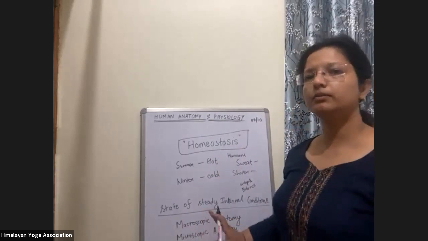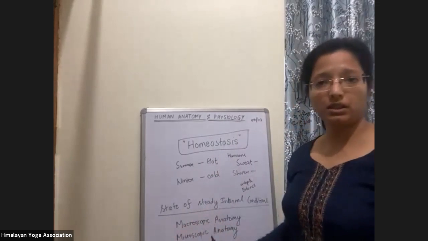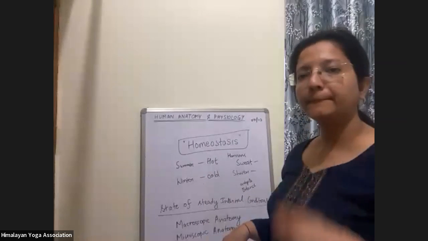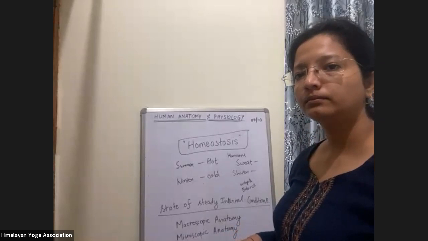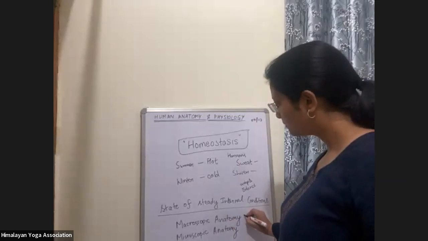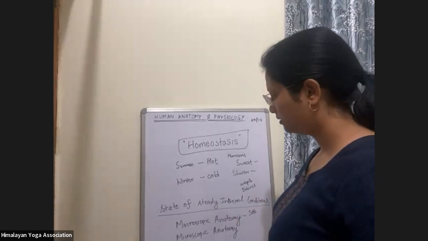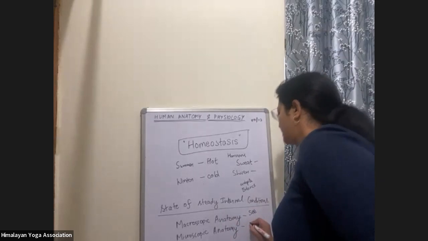I think it's very clear from the words, but still I would like to ask you, what is macroscopic anatomy? Macroscopic is what you can see with the eye. Yes, what you can see. And microscopic? You can only see with a microscope. Yes, microscope.